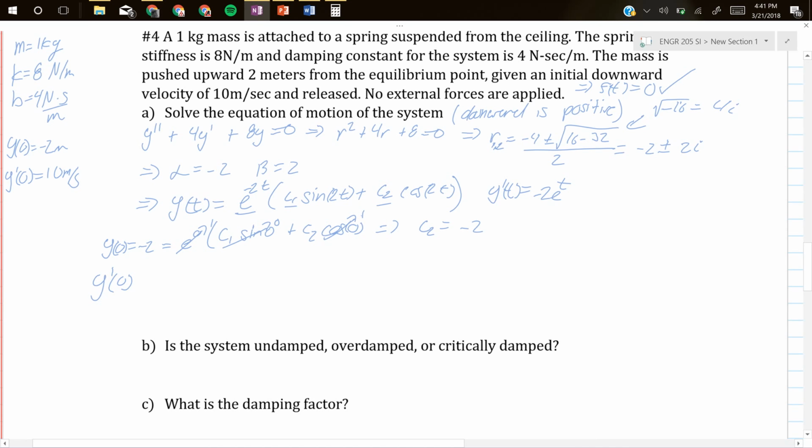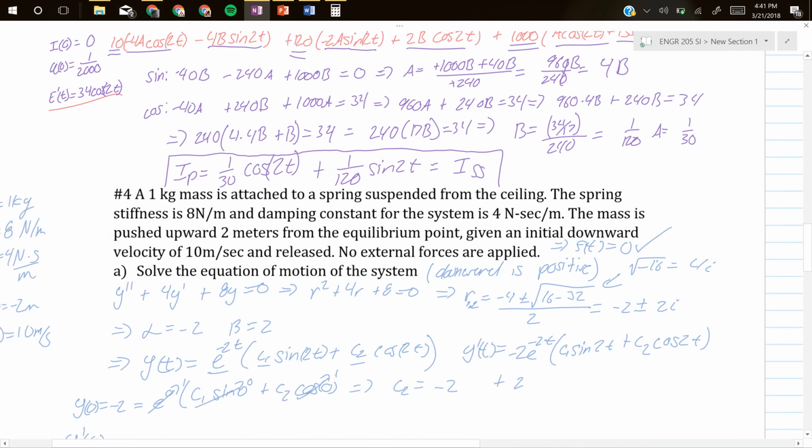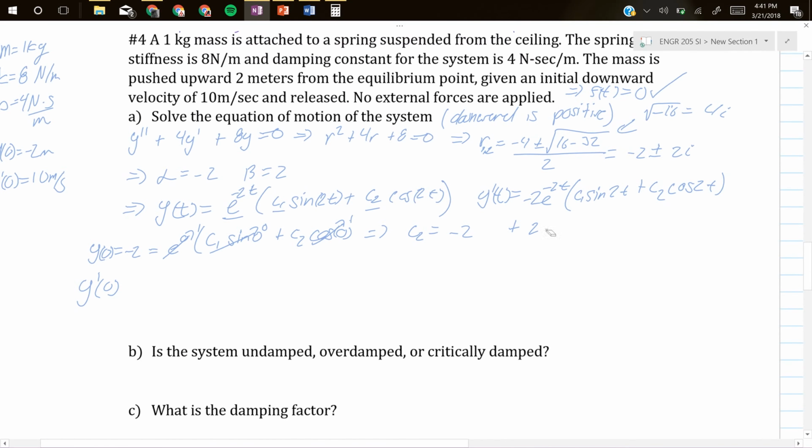So negative 2e to the negative 2t times the regular term, c1 sine 2t plus c2 cosine 2t, and then plus e to the negative 2t times the derivative of the other term, so we're going to get 2c1 cosine 2t minus 2c2 sine of 2t.